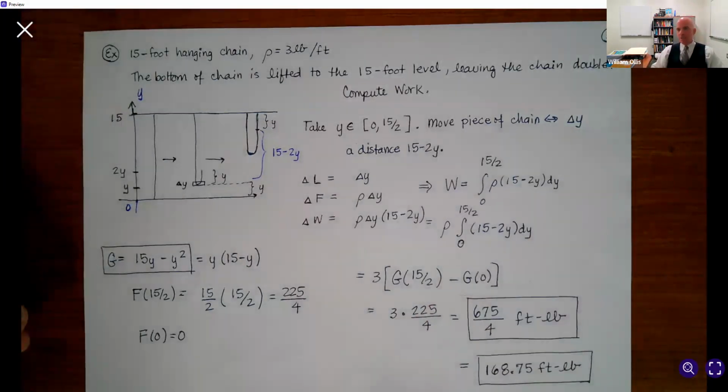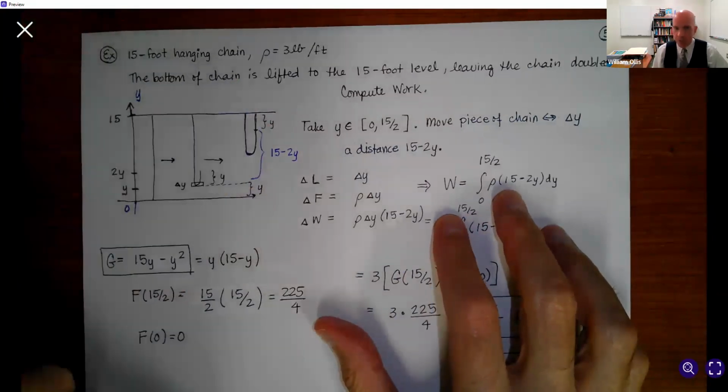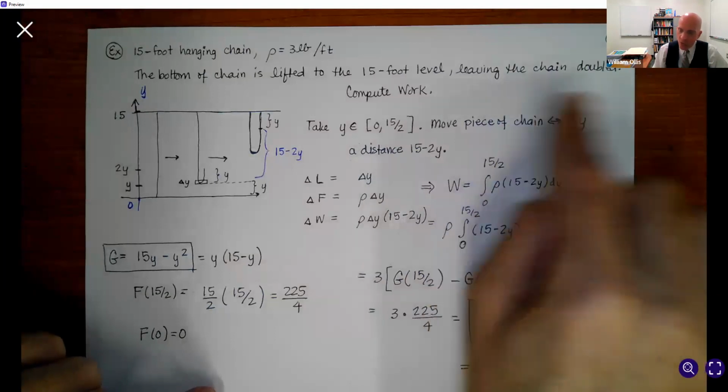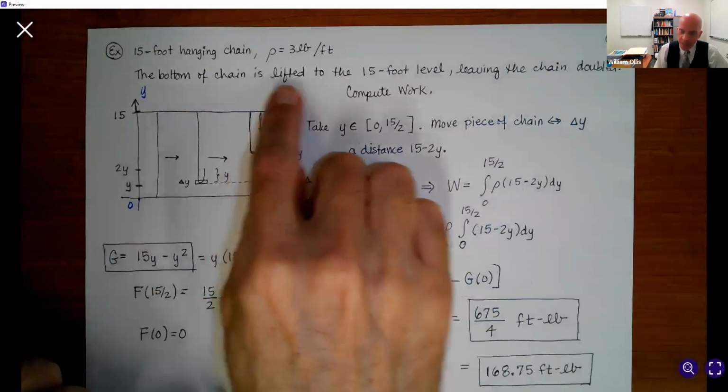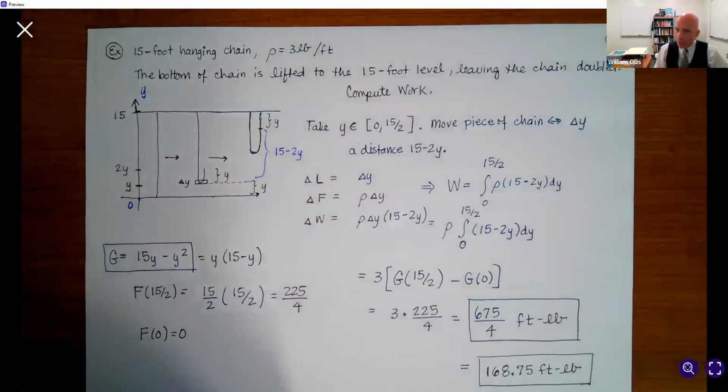And you take the bottom of the chain and you pull it up to the very top to where you get this U shape. So as I've said here, you double the chain. It says the bottom of the chain is lifted to the 15-foot level, leaving the chain double. Okay, you think about that.